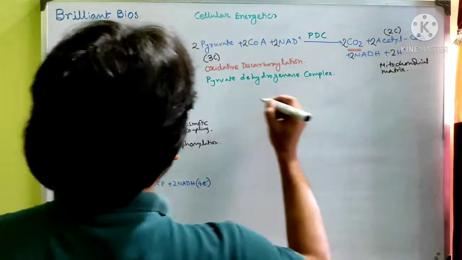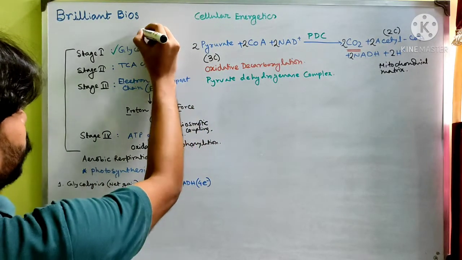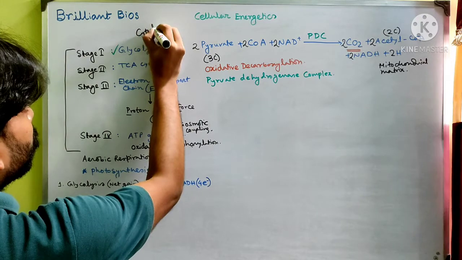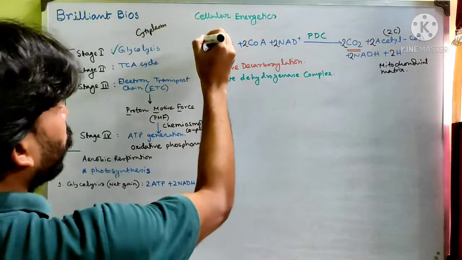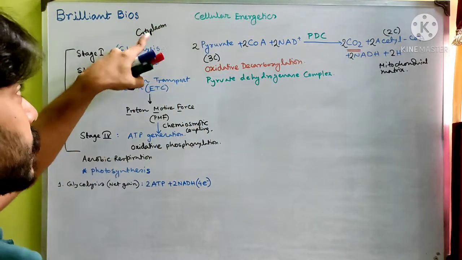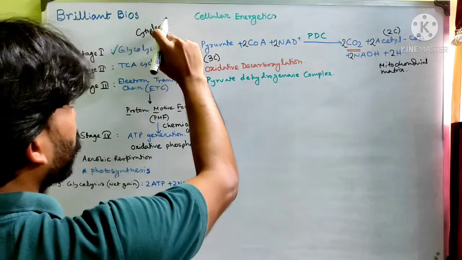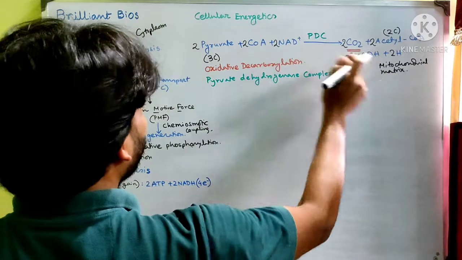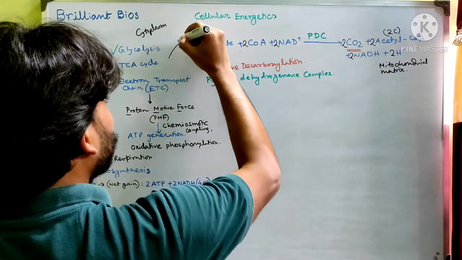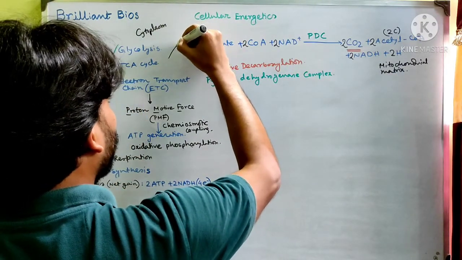As I have mentioned, glycolysis occurs in the cytoplasm. So the pyruvic acid or pyruvate is present in the cytoplasm and it should reach the mitochondrial matrix. How does pyruvate enter inside the mitochondria? Suppose this is the mitochondrial membrane.